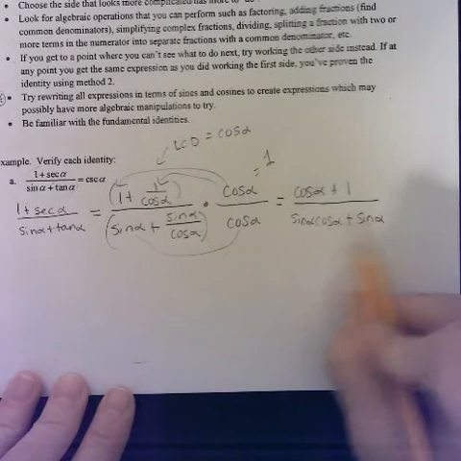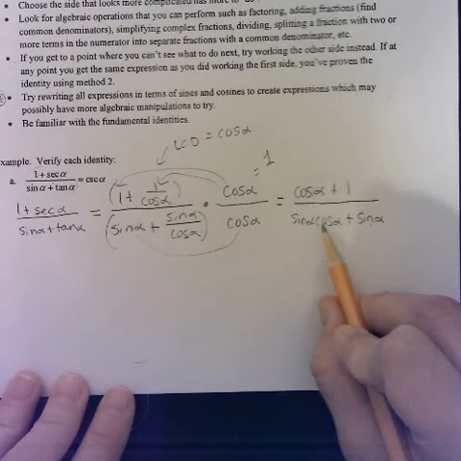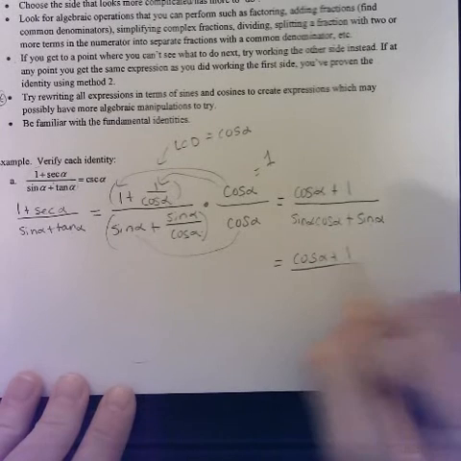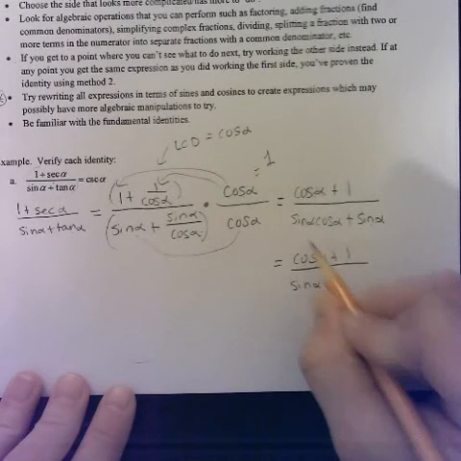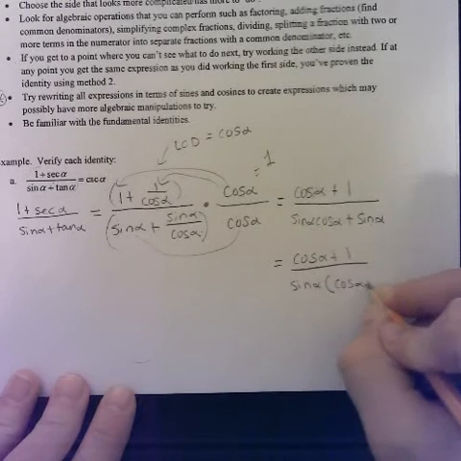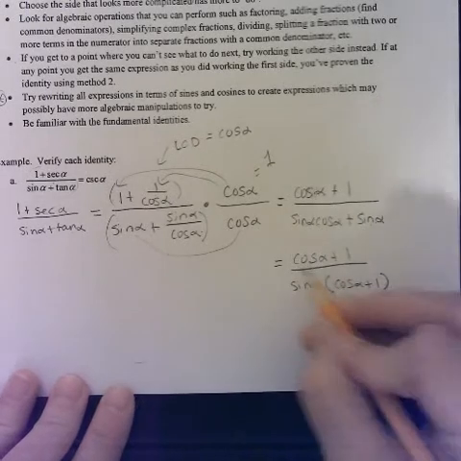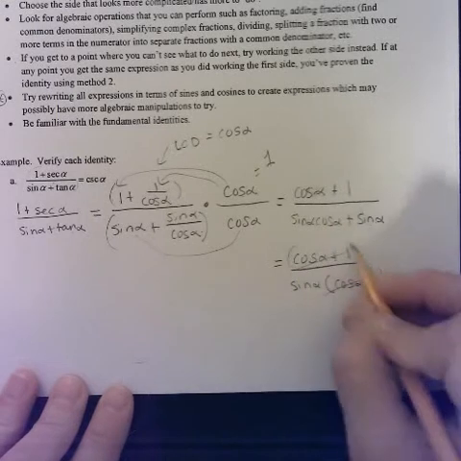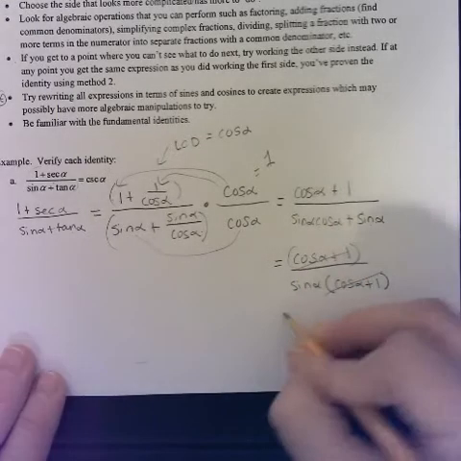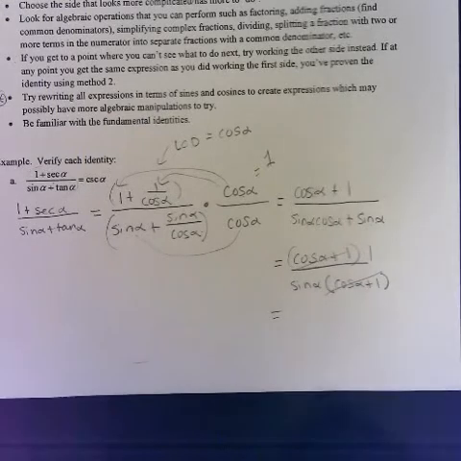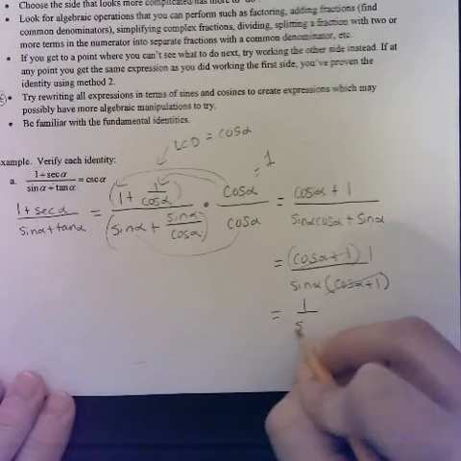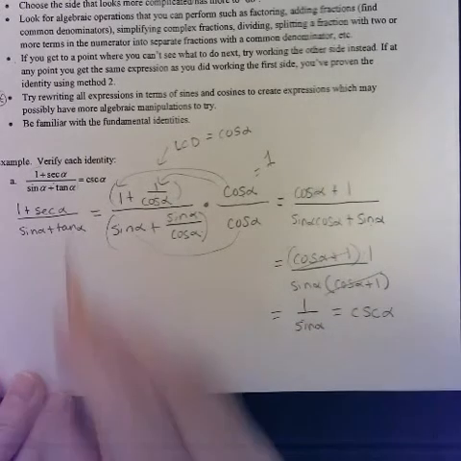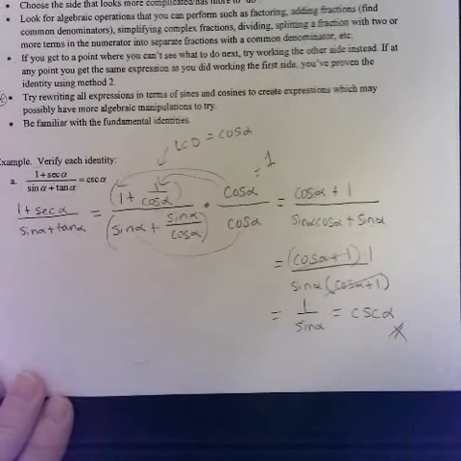We could factor that out, and that's helpful because once we factor that out, we're left with the other factor, cosine alpha plus 1, which happens to be the same expression in the numerator. So these will cancel, right? Think of this as one factor, and the other factor, of course, is 1. And we're left with just 1 over sine alpha, which is equal to the cosecant of alpha. That's what we wanted to get, so we've just completed the proof.